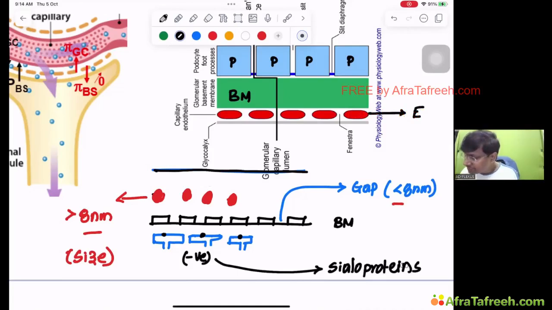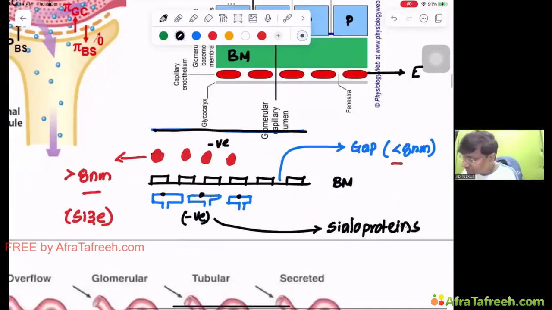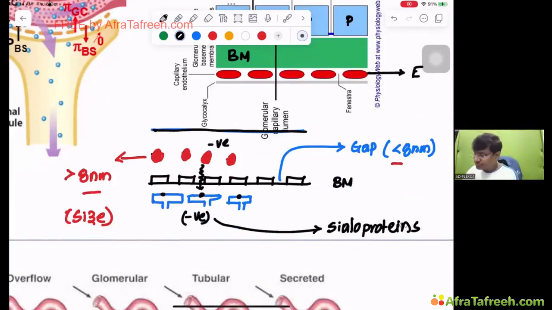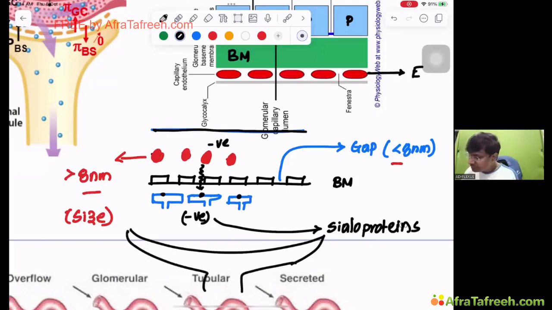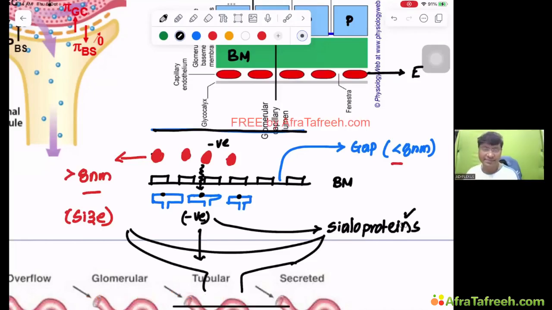And even your protein is also negatively charged, and the sialoprotein which is present on the podocyte is also negatively charged. So whenever the protein wants to filter through the glomerulus into the Bowman's capsule, remember, it cannot occur because the negative charge of the sialoprotein will repel the proteins from filtering into the Bowman's capsule.